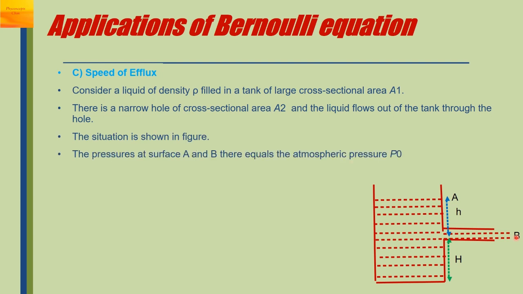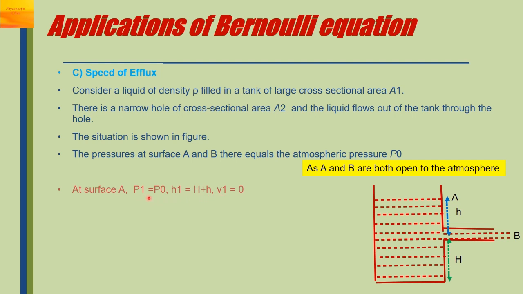Now the pressure at surface A and the pressure at B, as they are both open to the atmosphere, will be equal to the atmospheric pressure, which we will denote as P0. At surface A we will write down the respective pressure, height and velocity: P1, H1 and V1.